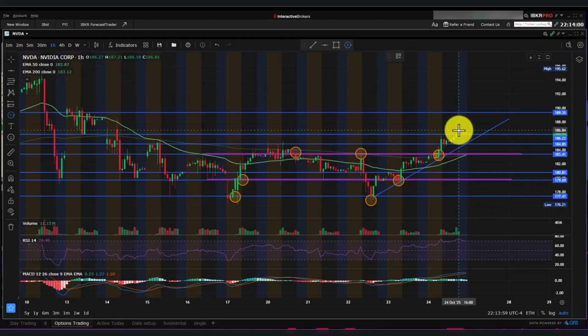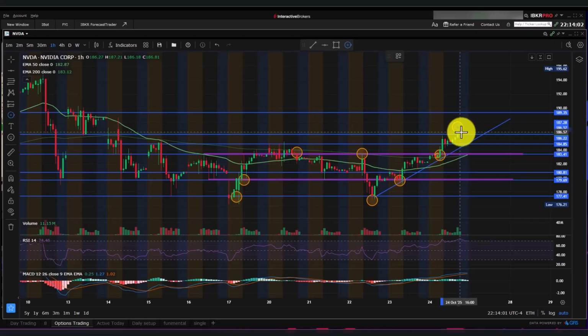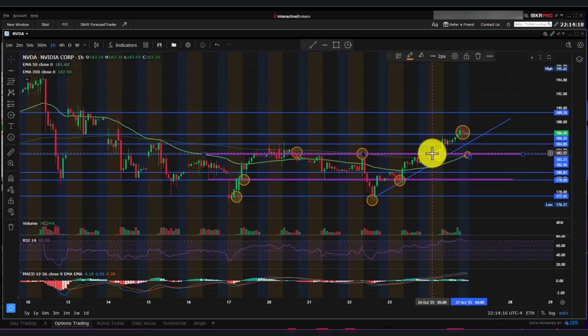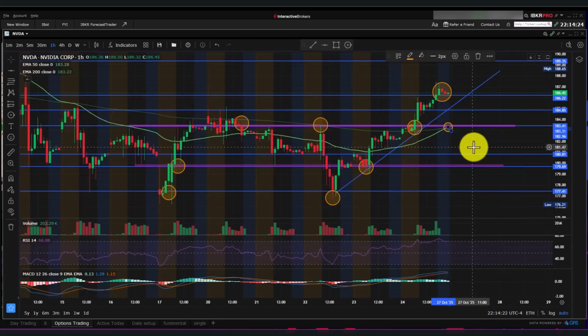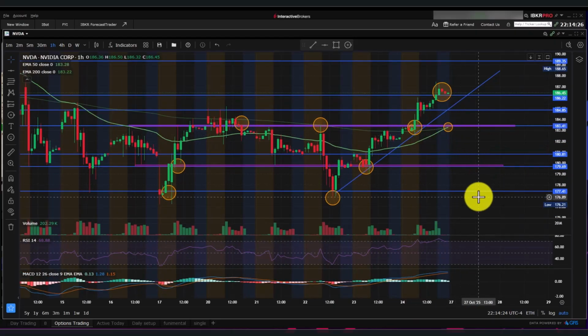Here becomes resistance but also becomes support, because previously it came to here and bounced from here, right? It broke up from here. So now we are looking at this.